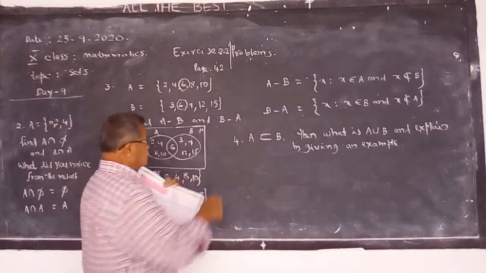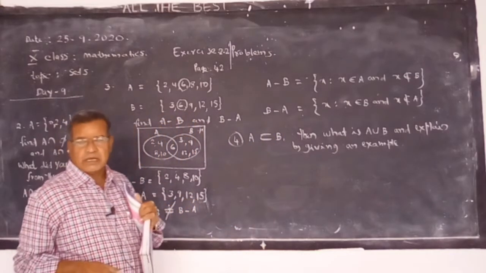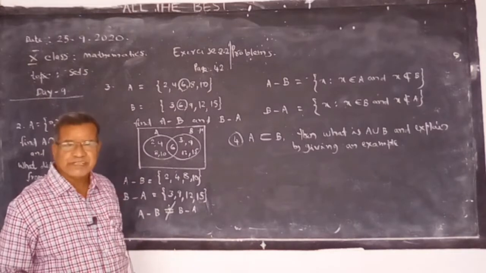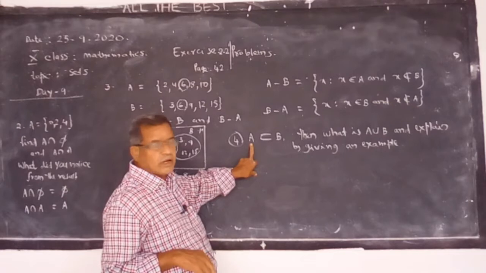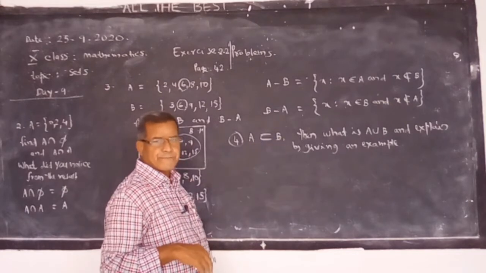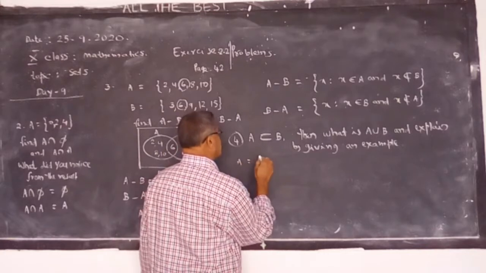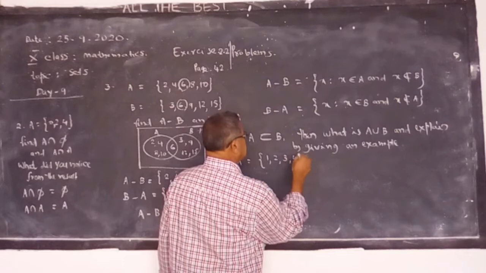See, this is the fourth problem. Here we have two sets. The condition given is A is a subset of B. Subset means the elements of A are also in B. For example, in set A you take the elements 1, 2, 3, 4.